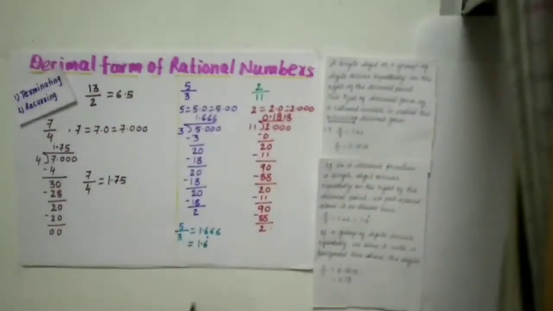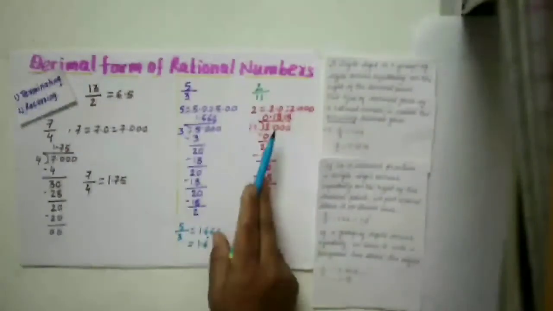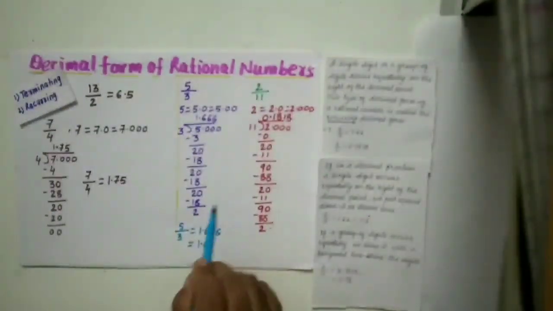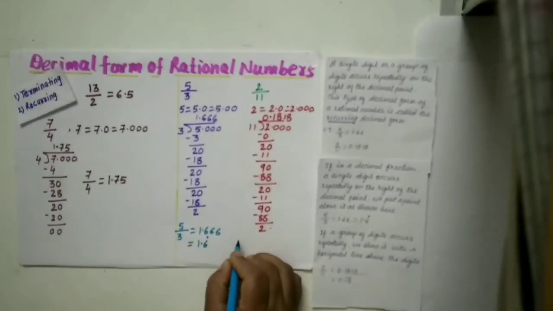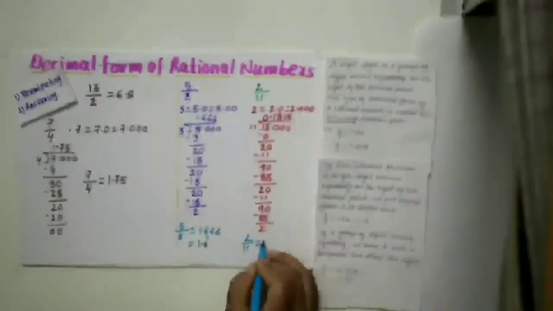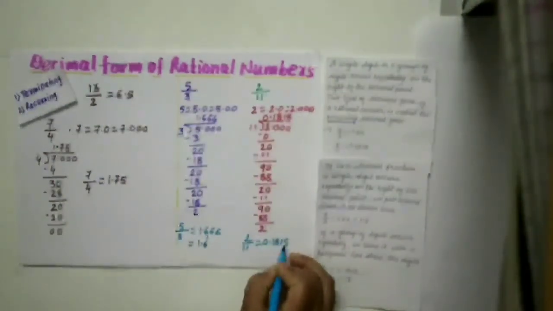Now here a group of digits occurs. If a group of digits occurs repeatedly, we show it with a horizontal line above the digits. Here for 2 upon 11, the answer is 0.1818.